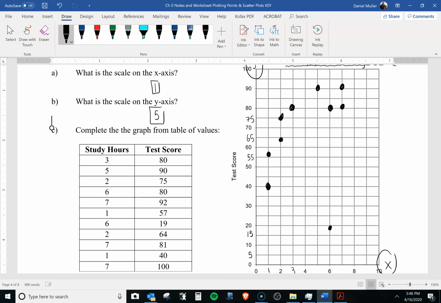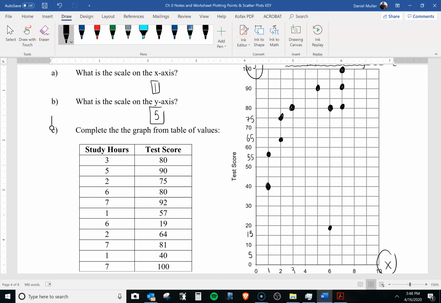Nice. This person did 7 hours of studying and they ended up getting 100. So the most studying anyone did is 7 hours. One person got 81 or 82, one person got 91 or 92, and one person actually got 100. Okay, so that completes the graph.